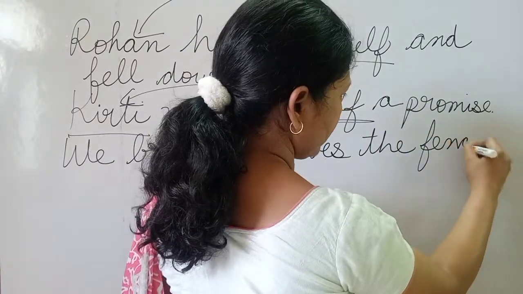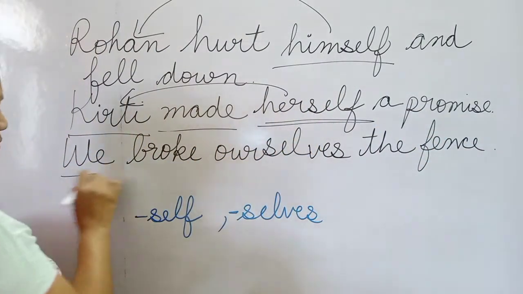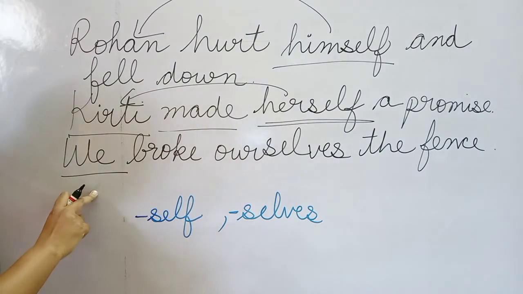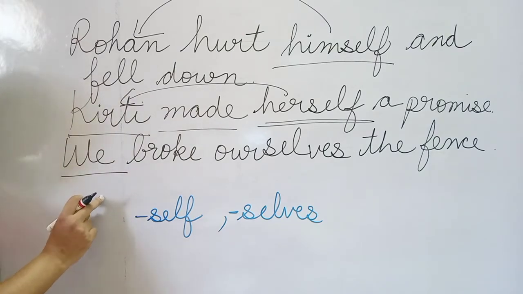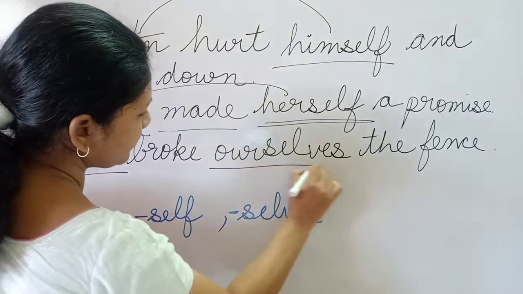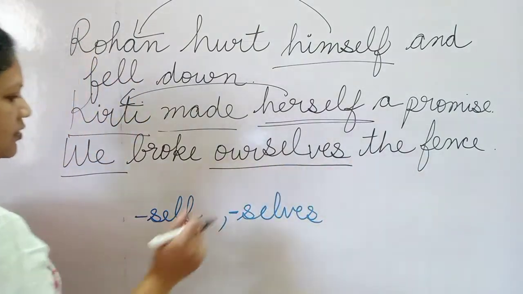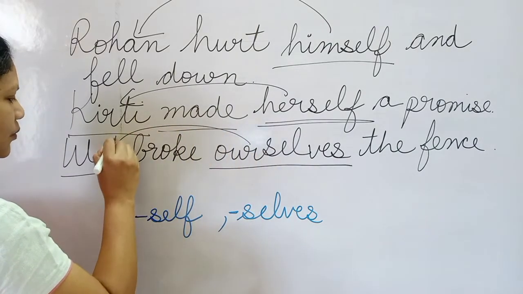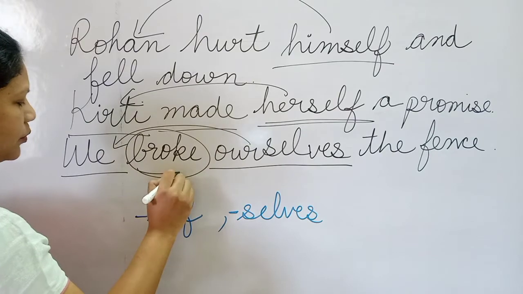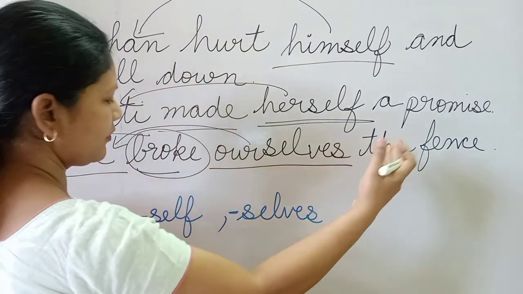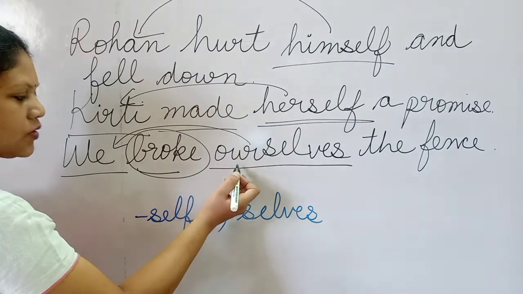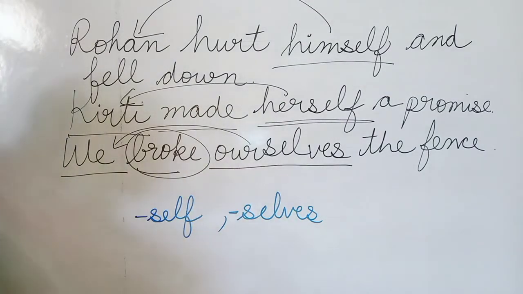So the subject is we, and we is the doer of the action. And now here, what is the reflexive pronoun, children? Ourselves. So when this ourselves is referring back to the subject, the doer of the action, broke. We broke ourselves the fence. Okay, children, in that case ourselves is used as a plural reflexive pronoun.